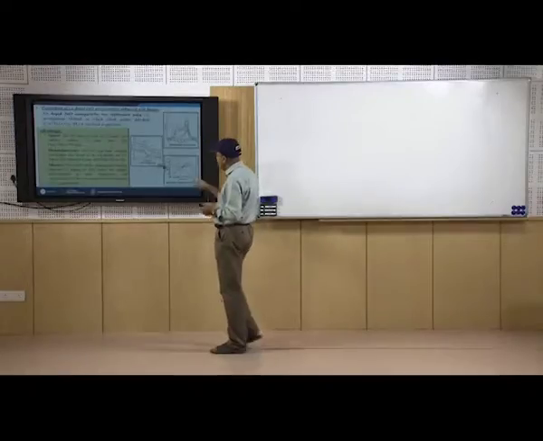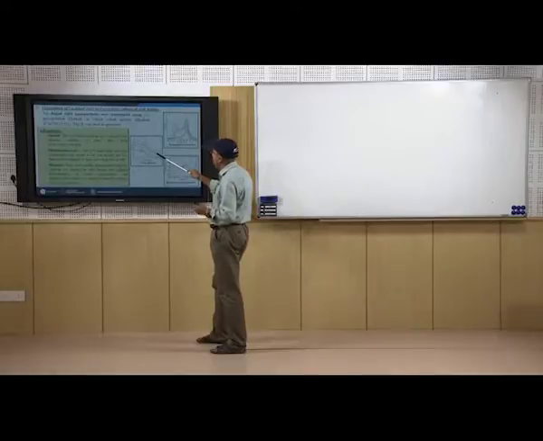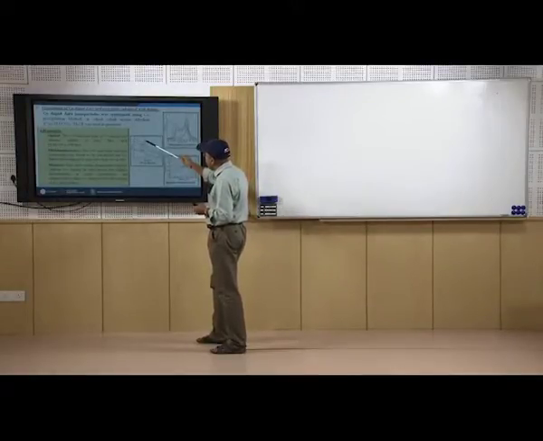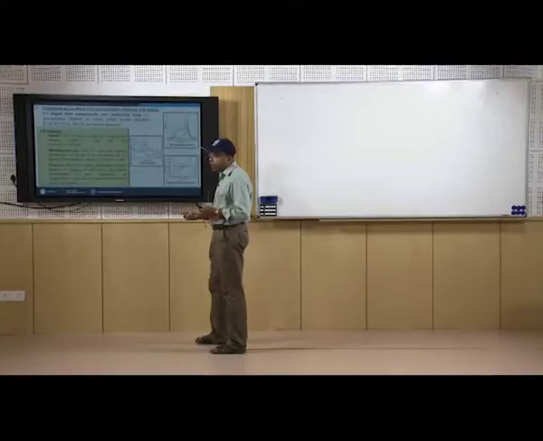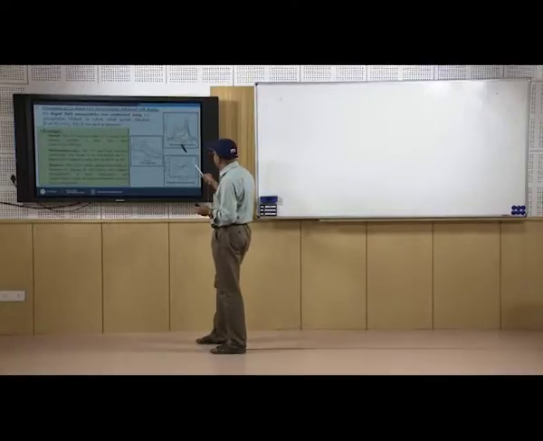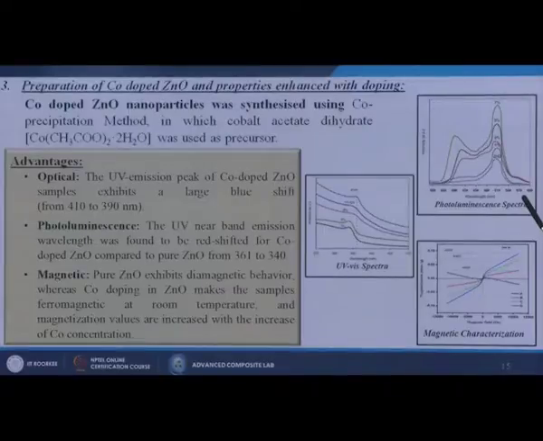Through these UV-Vis spectra we are trying to prove how increasing the cobalt percentage affects the doping. Then we show some photoluminescence spectra, how increasing the percentage of the dopant affects the photoluminescence spectra, and the same thing we get from the magnetic characterization also.